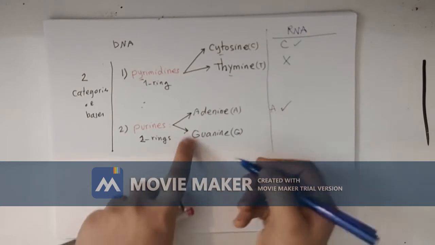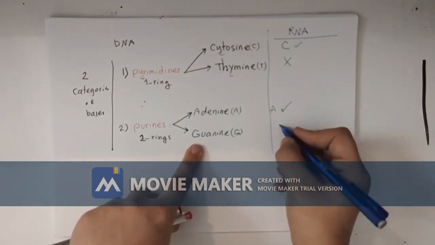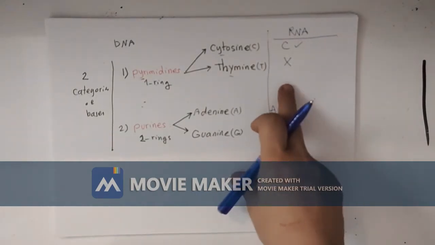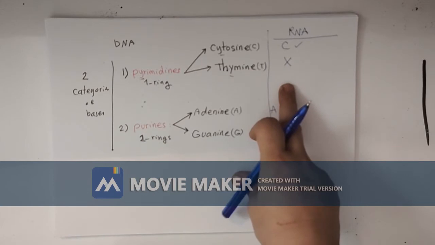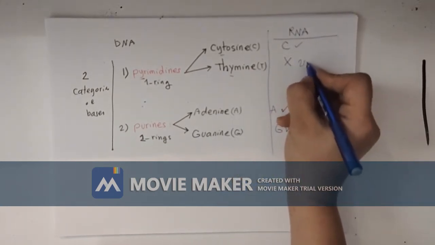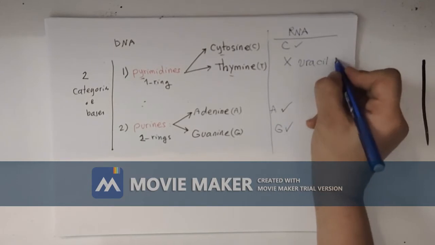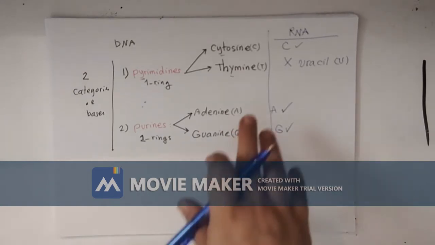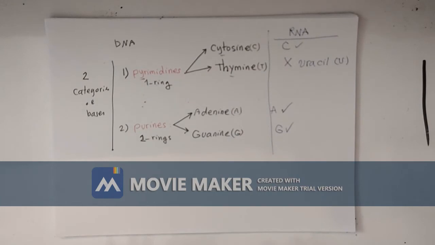How about guanine? Yes. What is added here is another base, which is called uracil. You can find it in the RNA nucleotides, in the bases. So we don't have thymine in the RNA. Another difference between RNA and DNA structure that you have to remember.